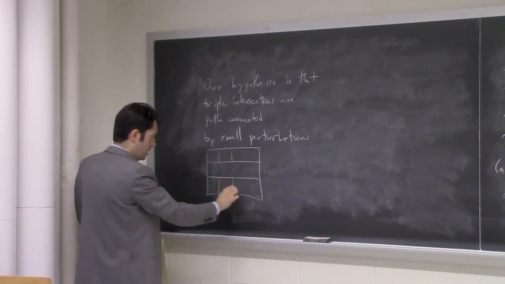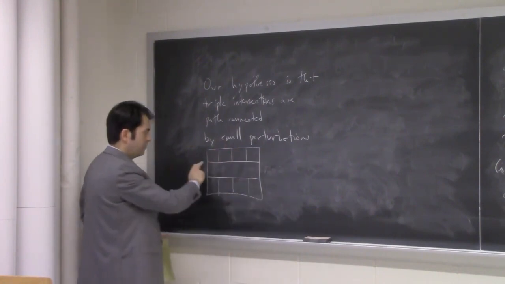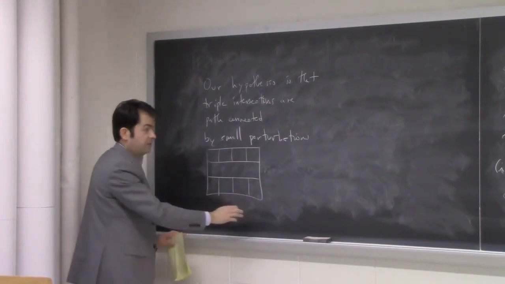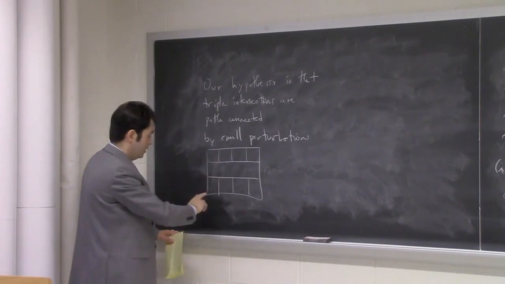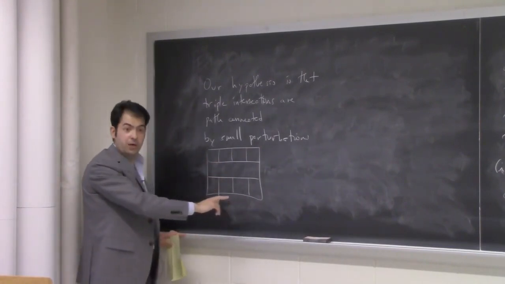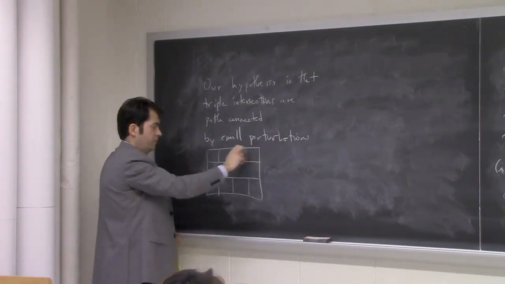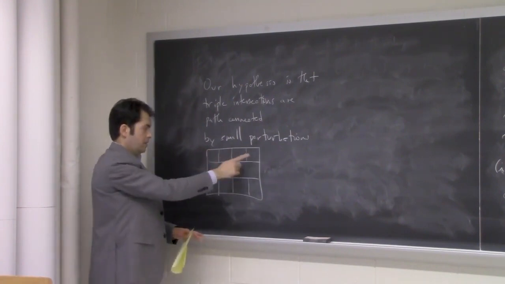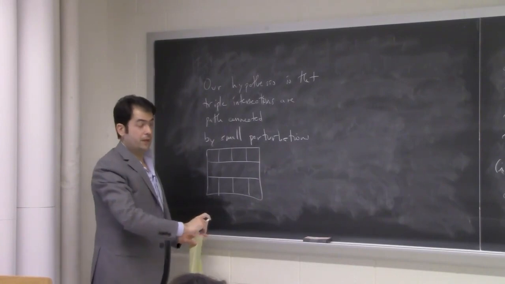I want to keep the lines of the first row and the last row the same because I want to end up with the first factorization on the bottom and the second factorization on the top, right? So I don't want to change these intervals.